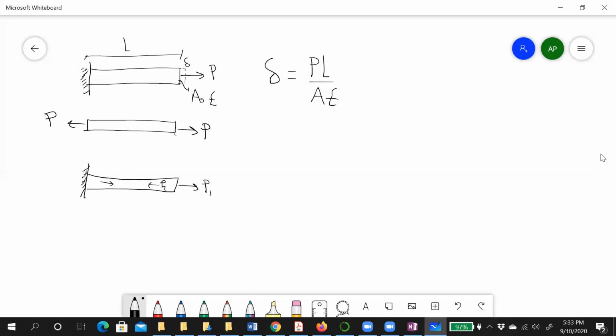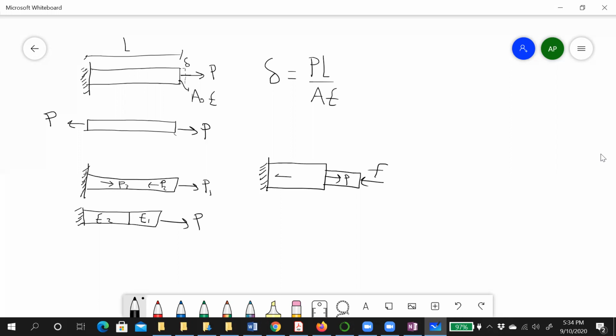Or what happens if we have the element with two types of material, maybe this is E1, this is E2, under the force? Or maybe two cross sections, one cross section here and then this one, with a different force here?